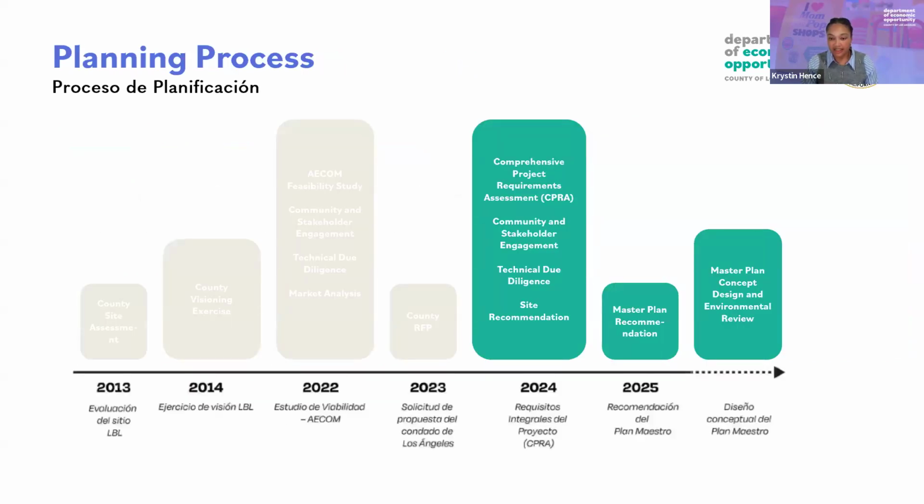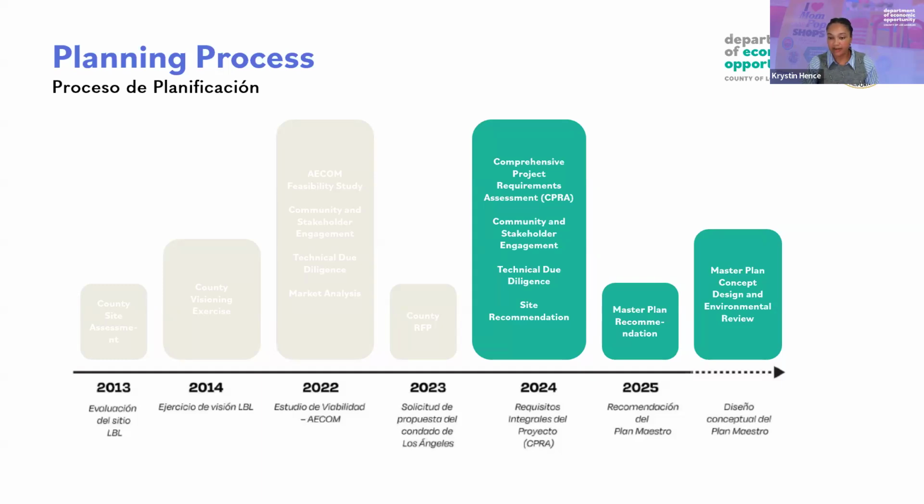That master planning effort began in 2024 and included a comprehensive project requirements assessment, which worked with community stakeholder groups and evaluated additional technical analysis to come up with site recommendations for the guiding principles for this master plan. The comprehensive project requirements evaluated the campus in its whole, looking at the infrastructure and the capacity to be redeveloped into mixed-use housing.